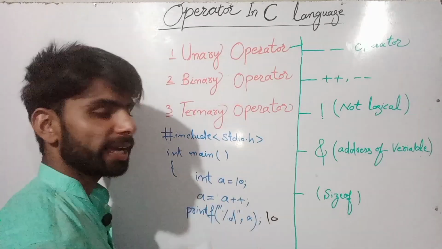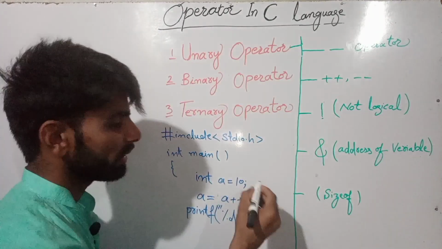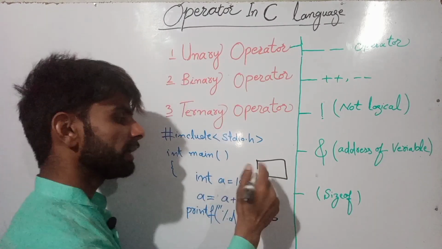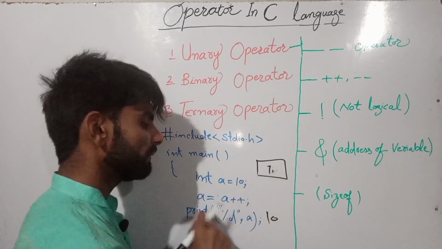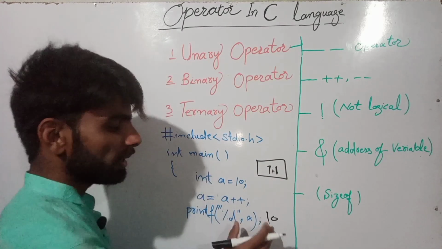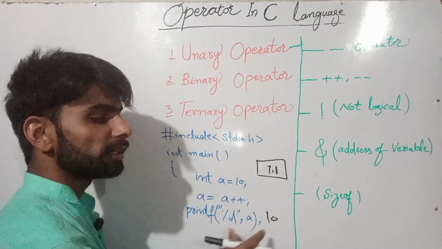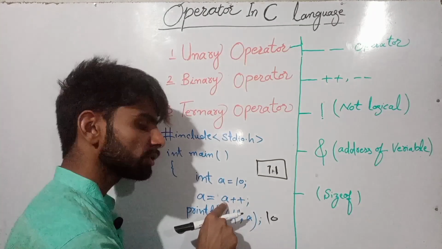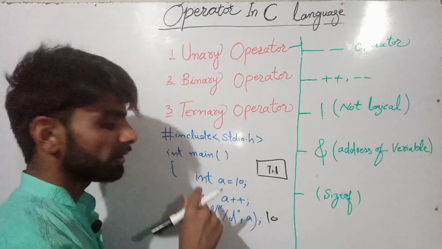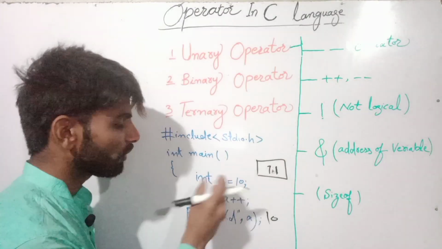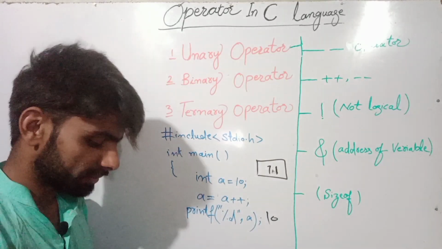There a stored 10, so in the memory, when this statement is executed, 10 will become 11, incremented by 1. But the printed value is the original value of that variable, not the new value, right?